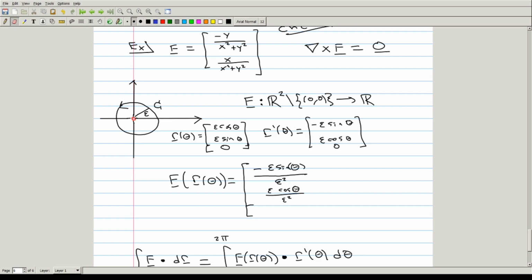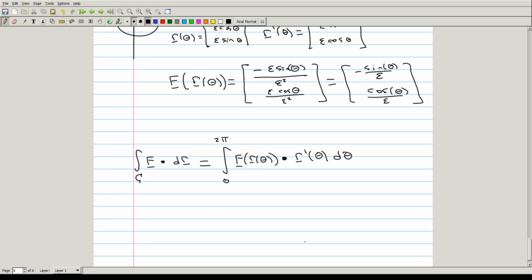And then 0 is the third component. I guess really we don't have to consider the third component until we consider the curl of the vector field. That's just making things a little bit too messy. So f of r of theta is just going to be negative sine of theta over epsilon, cosine of theta over epsilon.